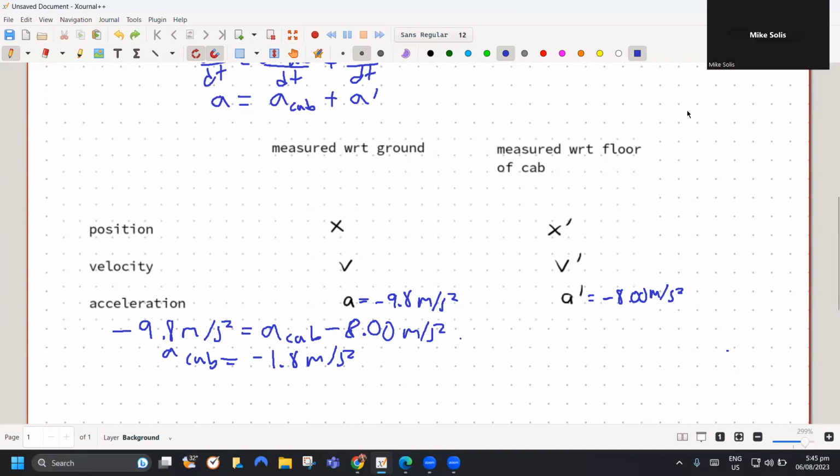Okay, so alam natin yung acceleration ng cab. How can you use that to solve the rest of the problem?